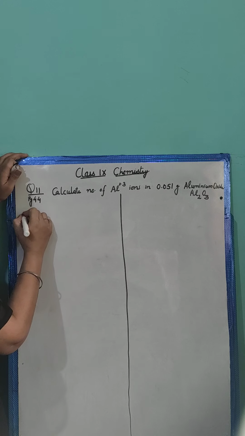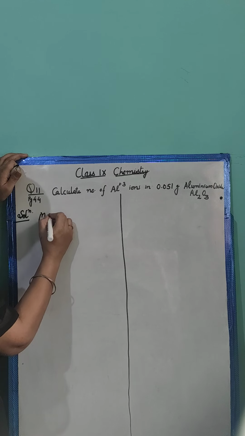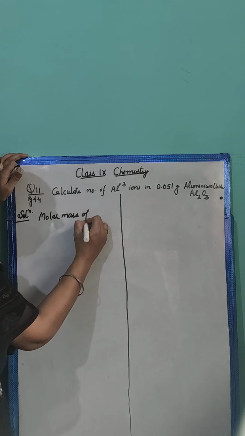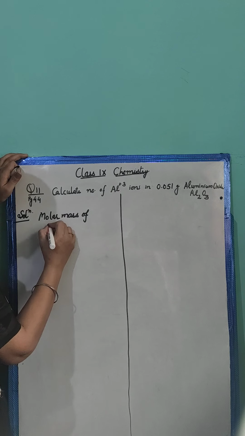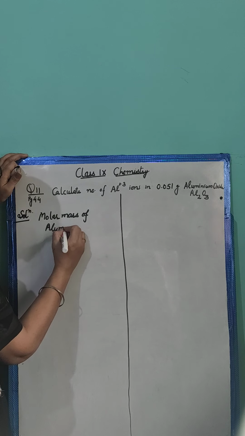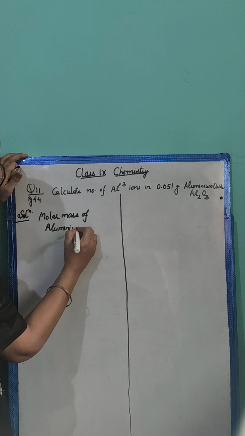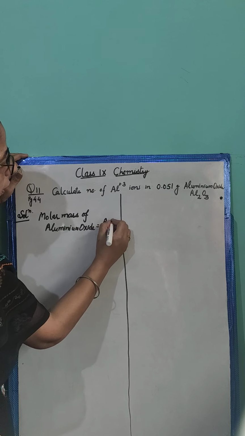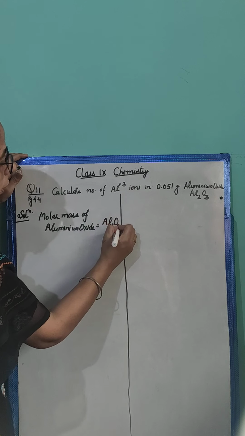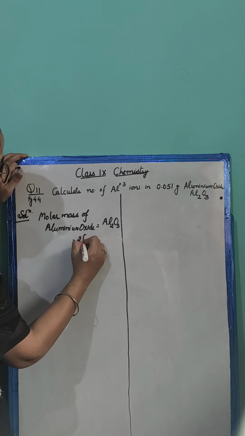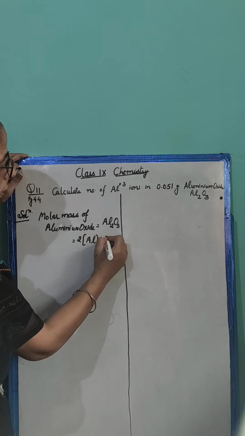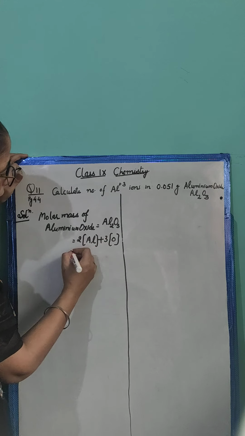Molar mass solution. Molar mass of aluminium oxide is Al2O3, so 2 aluminium plus 3 oxygen. Let us get the mass.